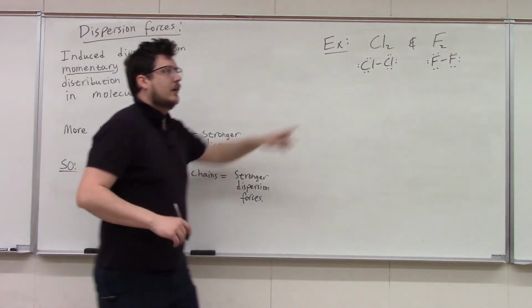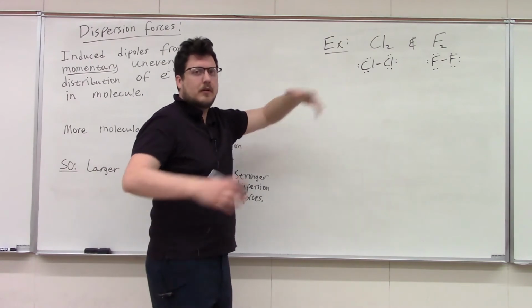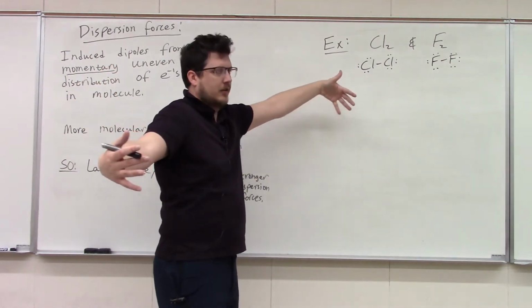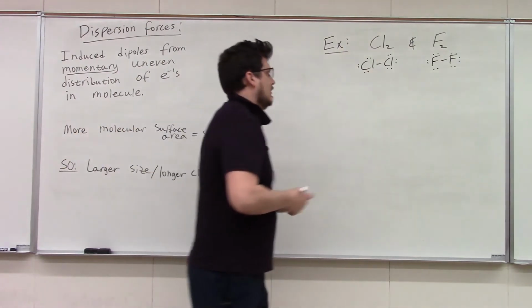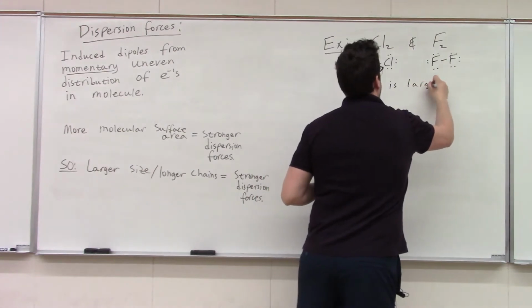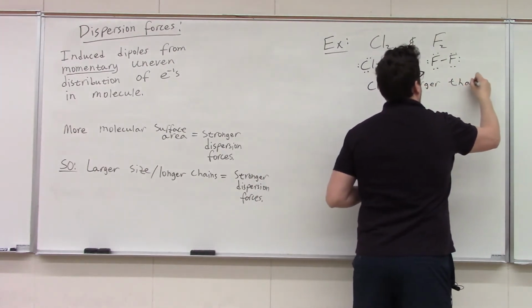But chlorine is a larger element. It's farther down on the periodic table. It has an extra layer to its electron shell. It's in the third row of the periodic table, not the second. So Cl is larger than fluorine.